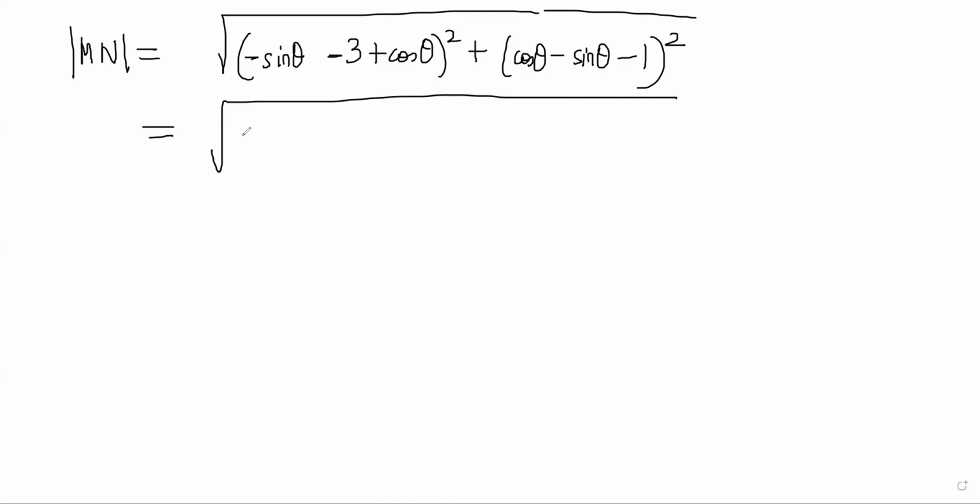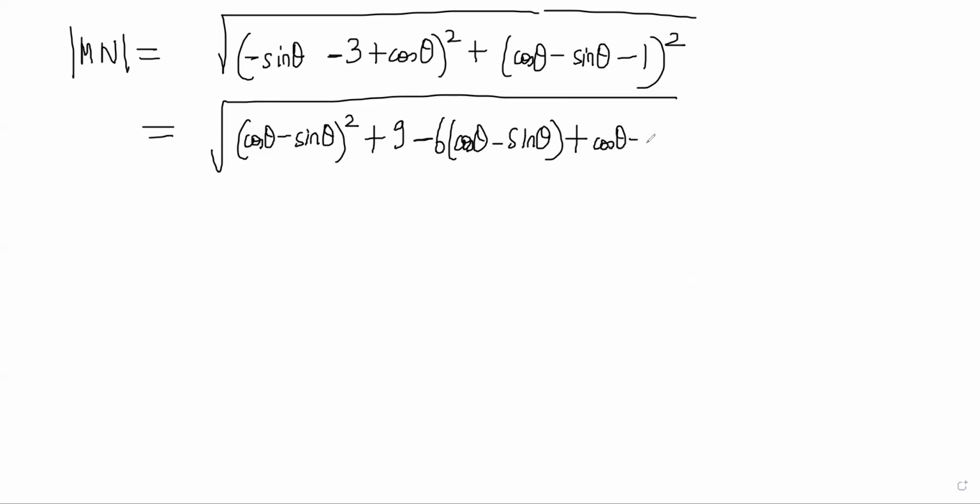It will become (cos theta minus sin theta) whole square plus 9 minus (cos theta minus sin theta) into 6 plus (cos theta minus sin theta) whole square plus 1 minus 2 times (cos theta minus sin theta).